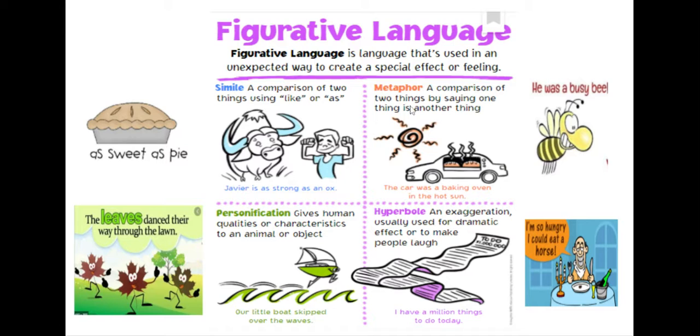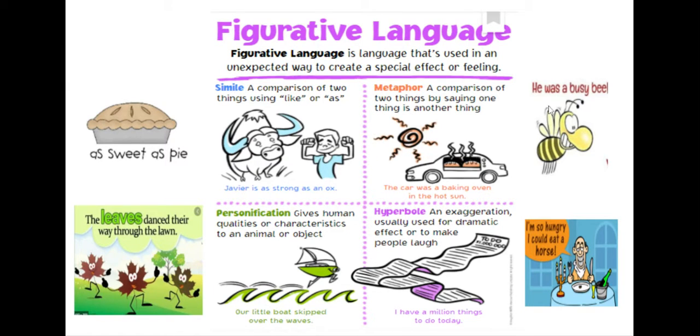We also have a metaphor. A metaphor is a comparison of 2 things by saying one thing is another thing. Our 2 examples would be the car was a baking oven in the hot sun. Now, did the car really become an oven, or is that just explaining to you how hot the car really was when someone had to get in to drive it?